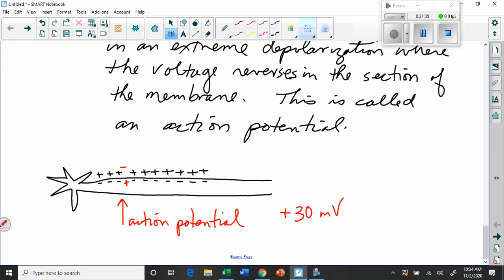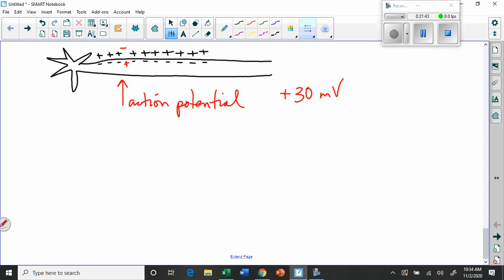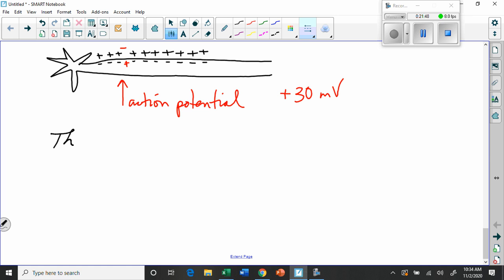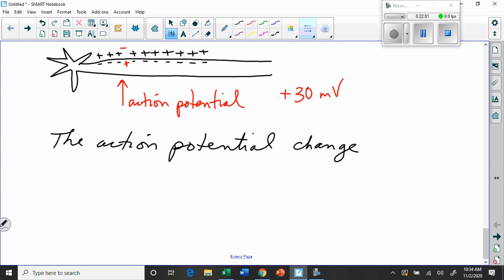Okay. This reversal of polarity, the action potential change, causes nearby sodium channels to open.